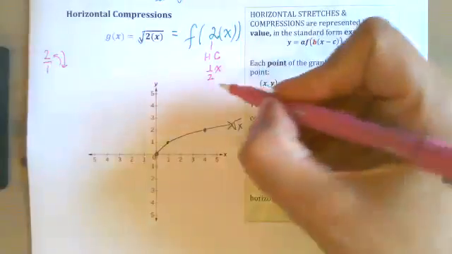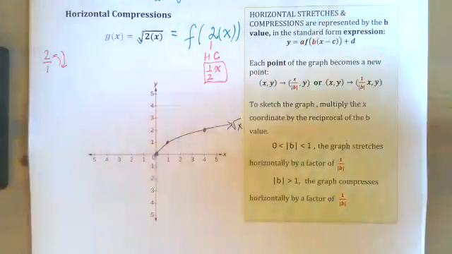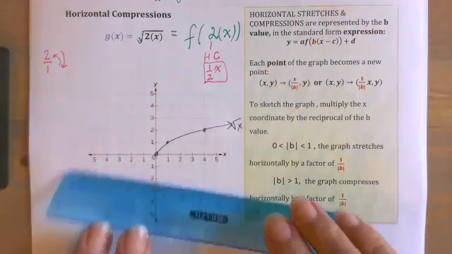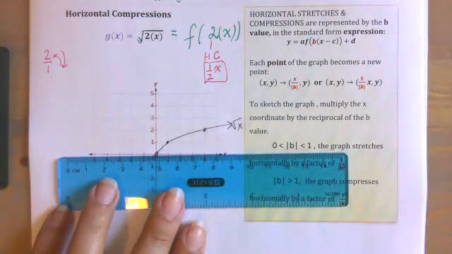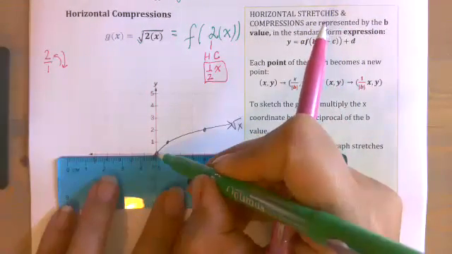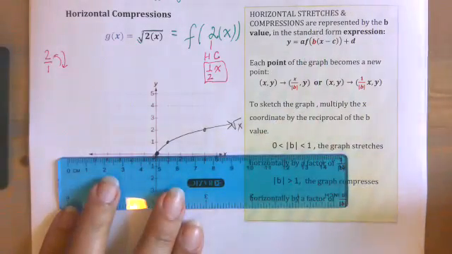Okay, so now we know we have to multiply our x coordinates by 1/2, or just cut them in half. We're doing a horizontal transformation, so your ruler has to be horizontally situated. So 0 is our x coordinate here, so 0 times 1/2 is 0.